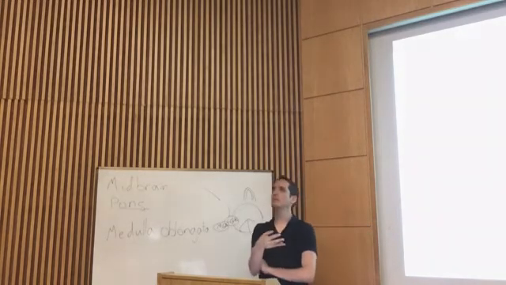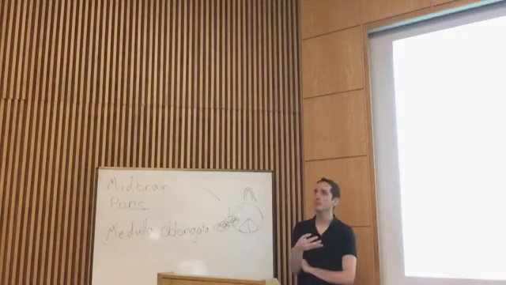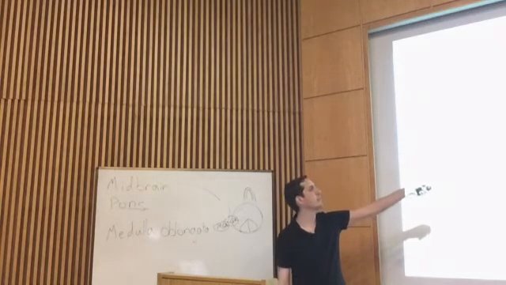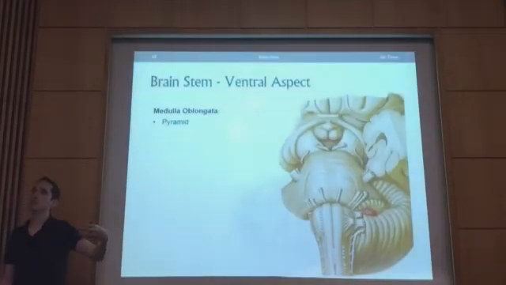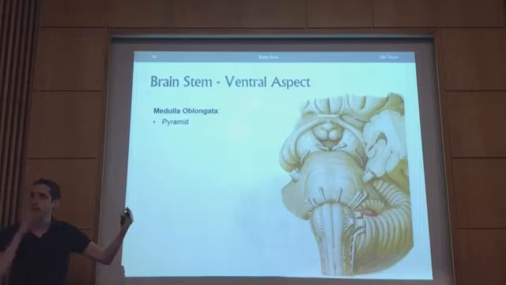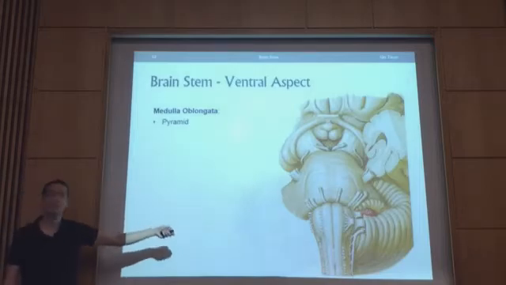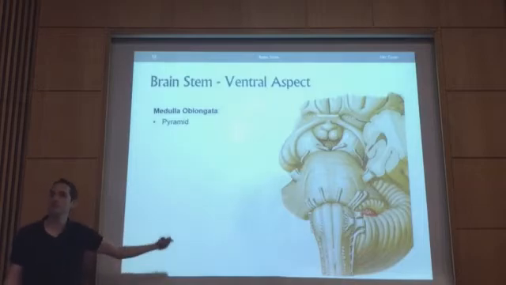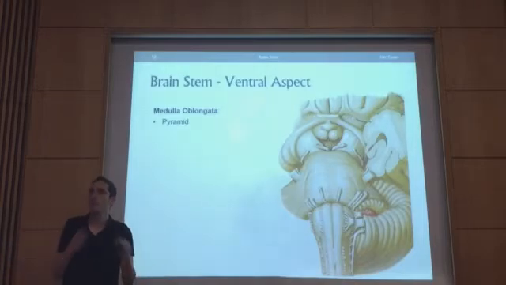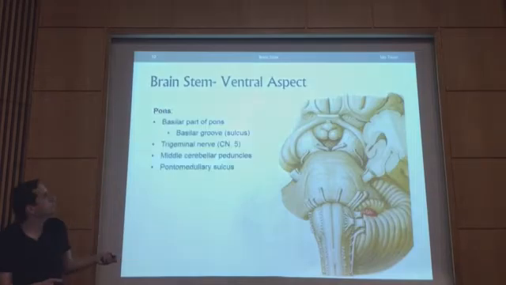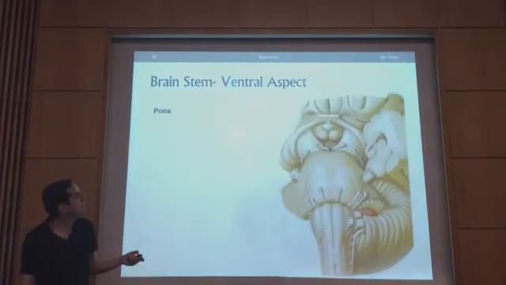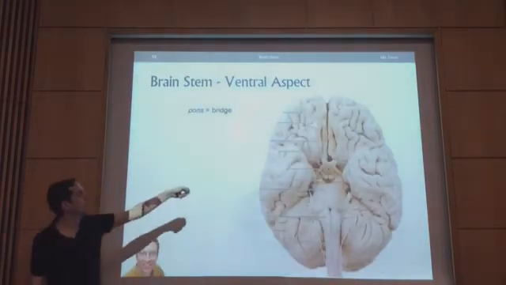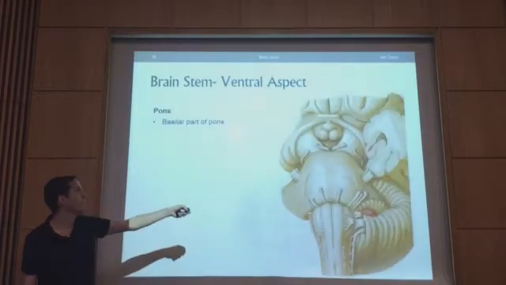In the midbrain, we start to see white matter structures on the outside. The crus cerebri is a white matter structure, but we do have gray matter structures on the outside also. We'll see it when we see the dorsal part. Again, in the pons, you can see the middle cerebellar peduncle. These are white matter structures. It's not something you see on the hemisphere. If we look at the hemisphere from the outside, you just see gray matter.